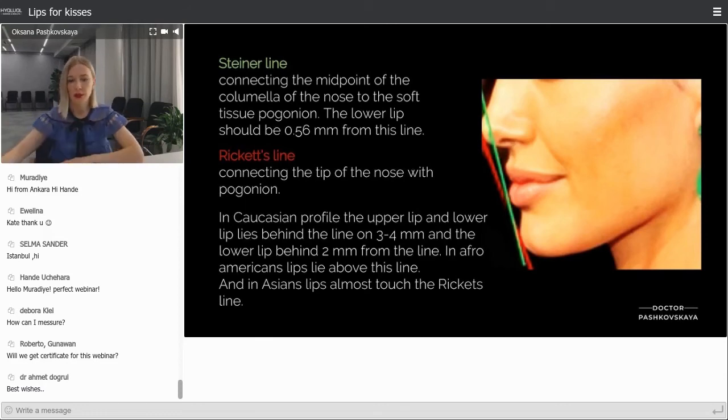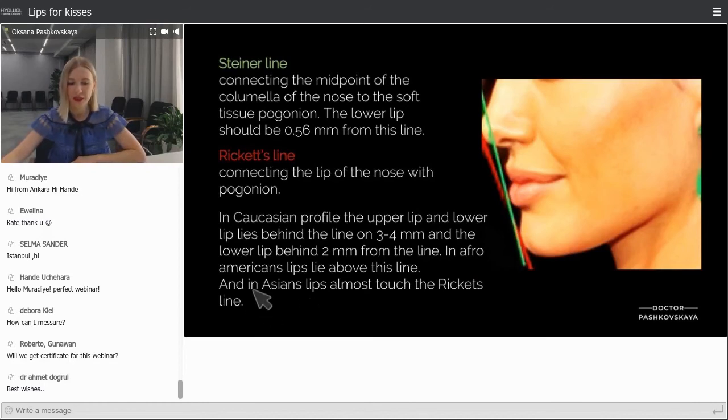In a Caucasian profile, the upper lip lies behind the line by 3-4 millimeters, and the lower lip behind by 2 millimeters. You see that in Angelina's profile, it almost touches the line, so a little bit disproportionate, but maybe it's because of her chin, but never mind, she's stunning also.